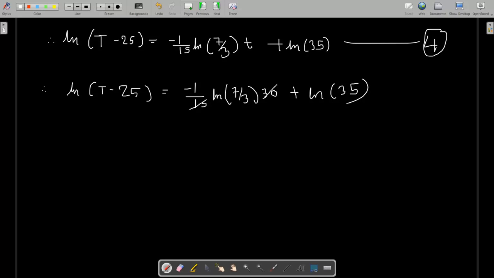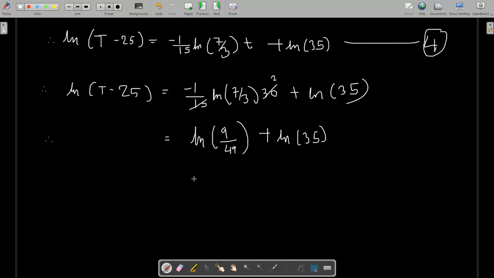So this will become 2 times ln 7 by 3. To remove this minus sign, we take the inverse ratio and square this, so ln 9 by 49 plus ln 35.